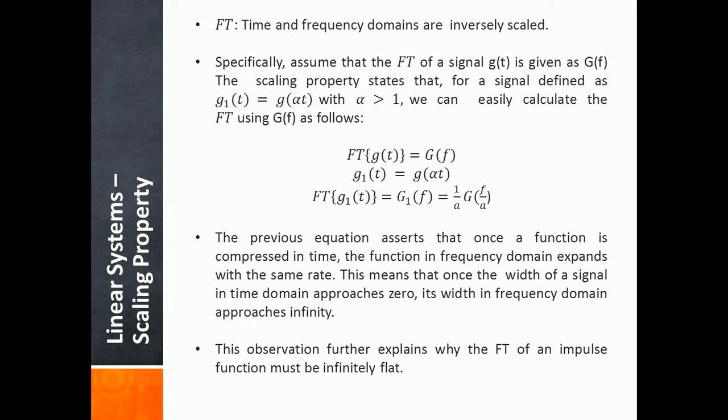It means in the same time frame, now the signal is repeating twice. Therefore, what is important to understand here is that a compression in time domain is equivalent to an expansion in the frequency domain, because frequency is the inverse of time period. Therefore, you have this formulation.